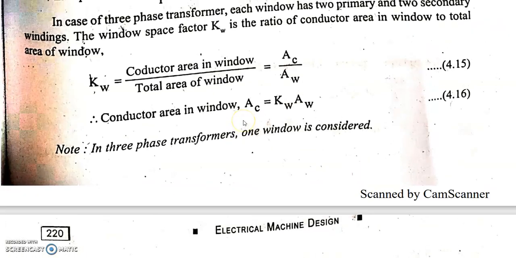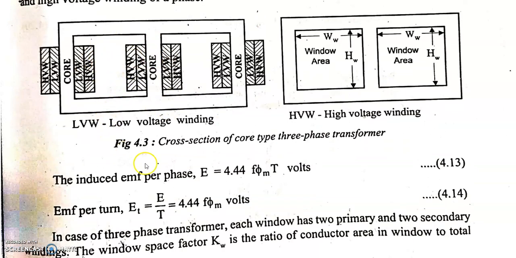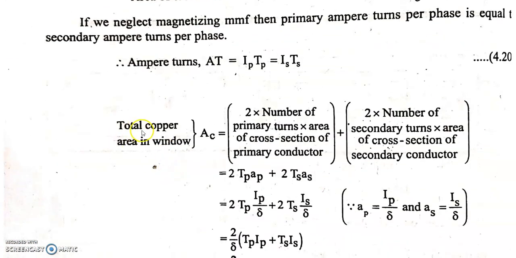Then we calculate the total copper area in the window as Ac. As already seen in the construction, it is 2 times that of the single phase transformer for a three phase transformer. So it is 2 times the number of primary turns and area of cross section of the primary conductor: 2 ApTp plus 2 AsTs is the copper area in the window for a three phase transformer.